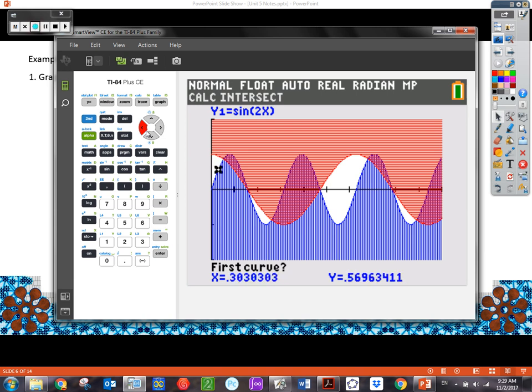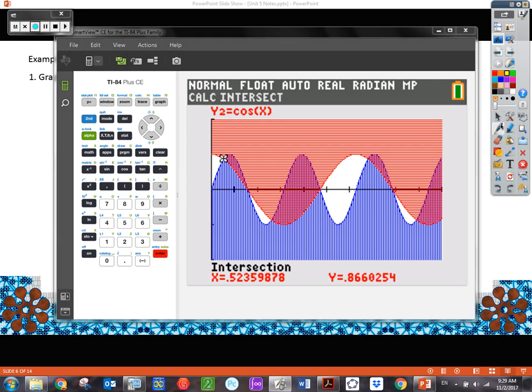There we go. So then we hit enter, enter, enter. And so I'm just going to write this up here for our purposes. So the first one was x equals 0.5235.